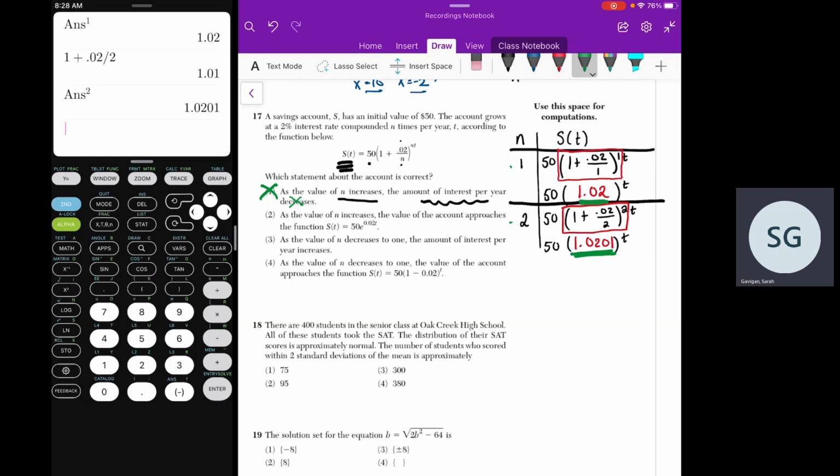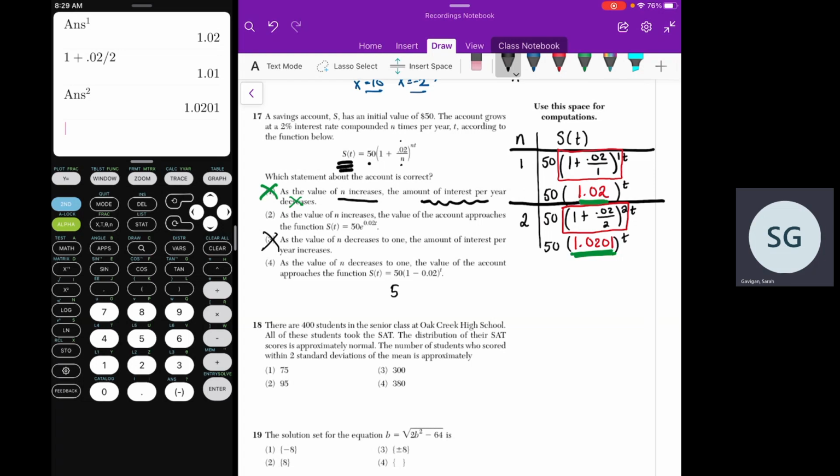Well, no, we proved that that wasn't true by my diagram. As n goes from this down to 1, the amount of interest isn't going to increase, the amount of interest decreases, so it's not that one. So then the next one, definitely not.